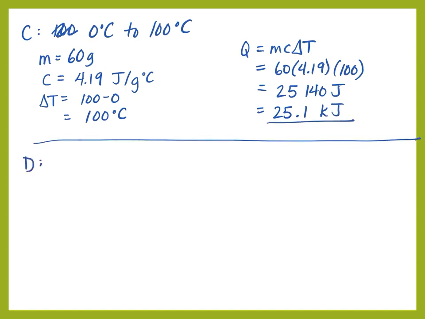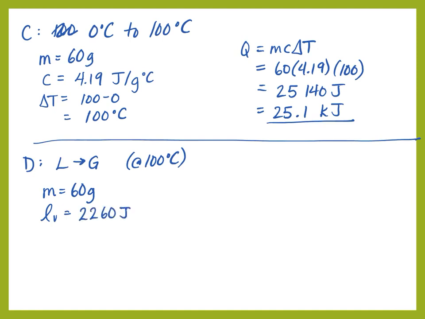And section D then was going from a liquid to a gas, which for water happens at 100 degrees Celsius. So 60 grams of water, and the latent heat of vaporization for water is 2,260 joules of energy for 1 gram of water to be converted from a liquid to a gas.